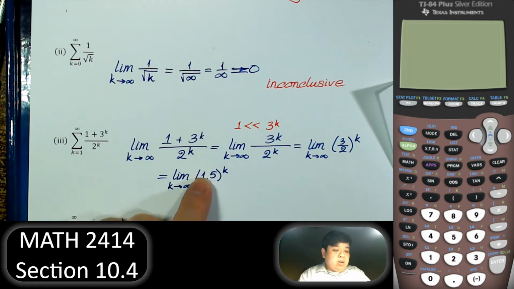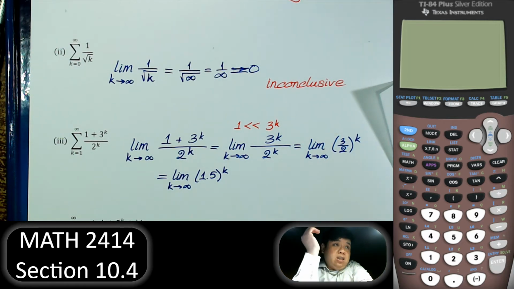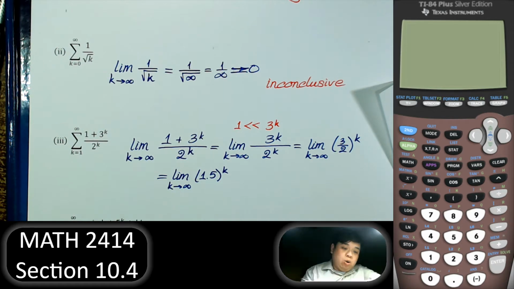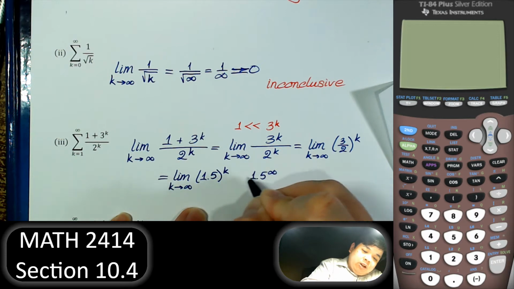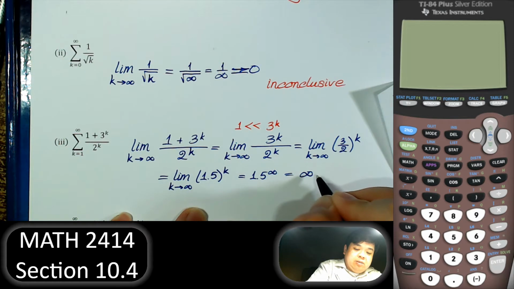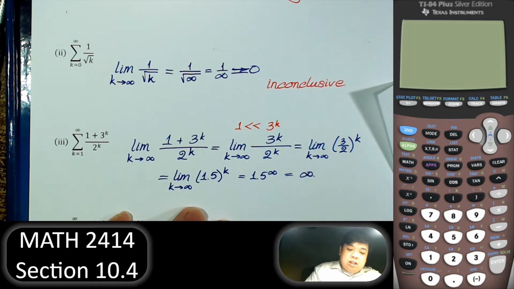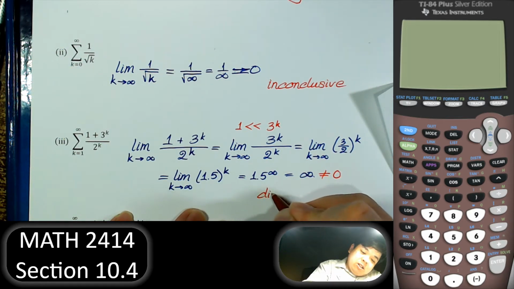Since the ratio is bigger than 1, this is divergent monotonically, but that doesn't matter. What matters is that the limit is undefined, or actually goes to infinity, because something bigger than 1 raised to infinity is going to be infinity. So in this case, it is not equal to 0.